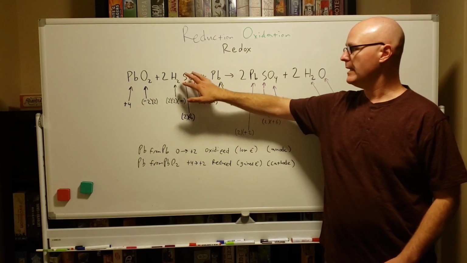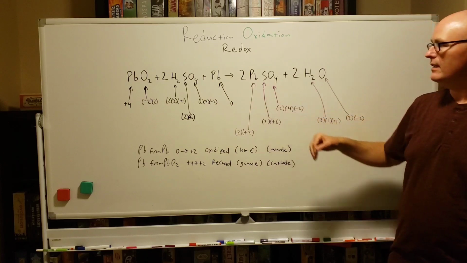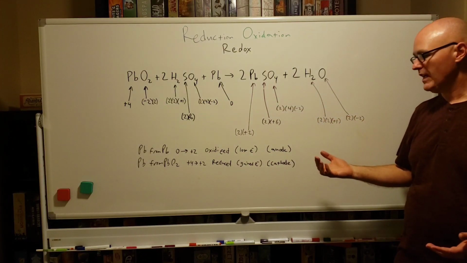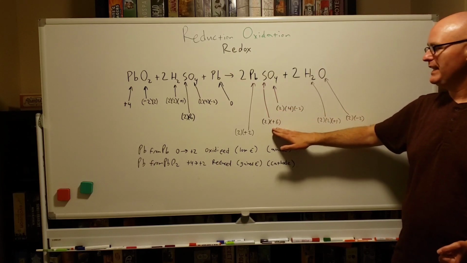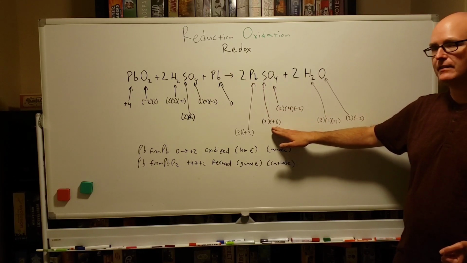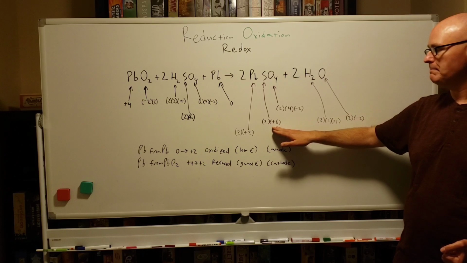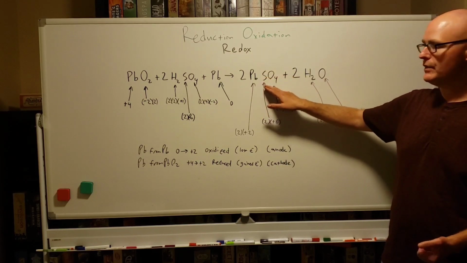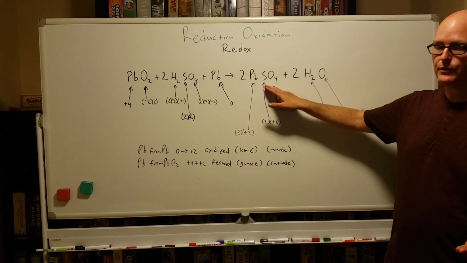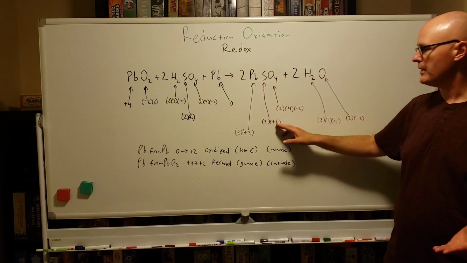It stayed the same from here to here. That's just true. So the sulfur didn't change. I've got +6 for my oxidation number, so that didn't change. Sulfate in general has a -2, and this still works out.